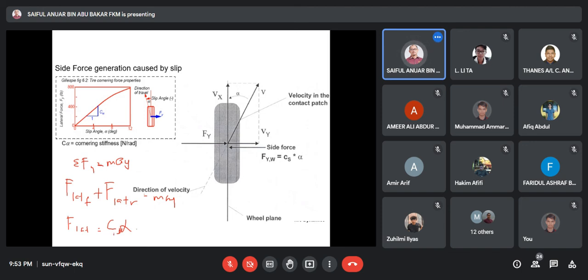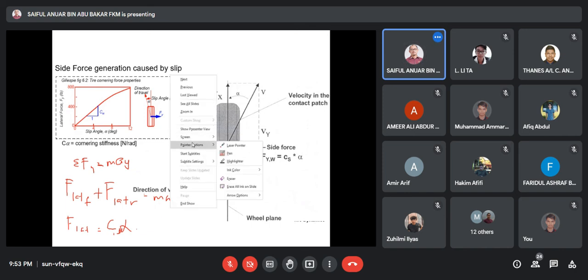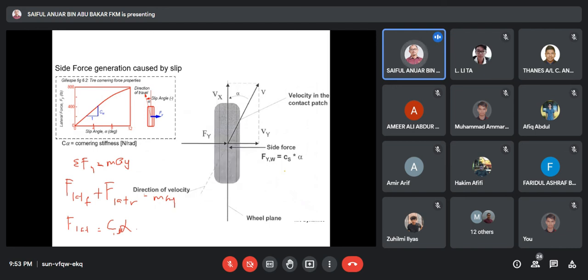This constant, cornering stiffness, is actually obtained from this graph. There is an experimental graph used to measure the amount of lateral force based on the wheel's slip angle.